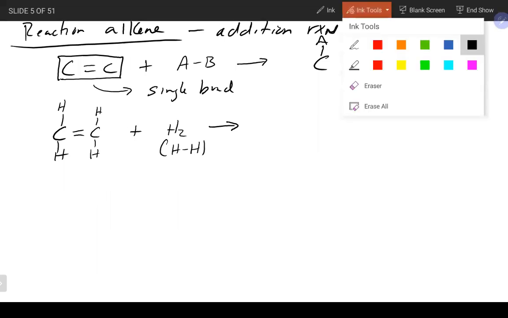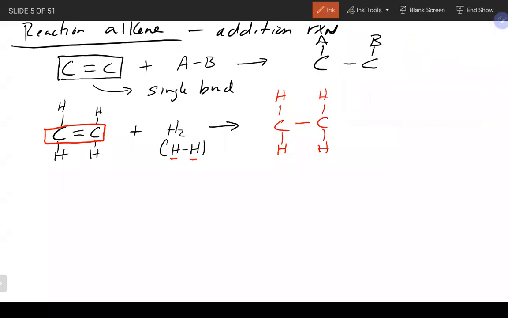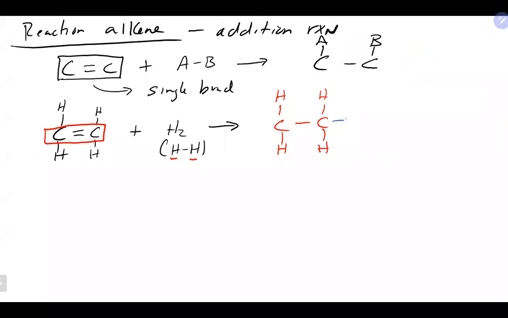We're going to isolate the double bond, and we're just going to make it a single bond. So on the other side, everything else stays exactly the same, except that I made my double bond into a single bond. Not one thing changes. And then one carbon gets a hydrogen and the other carbon gets a hydrogen. And you basically just put those on. I'll make them blue. So one hydrogen there, one hydrogen there.